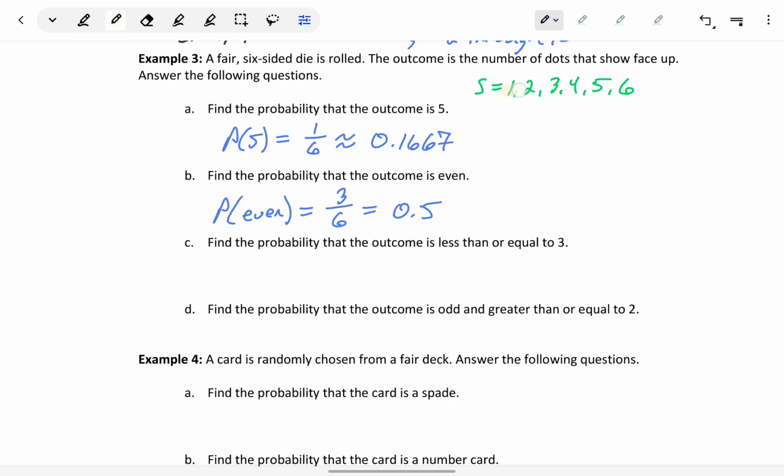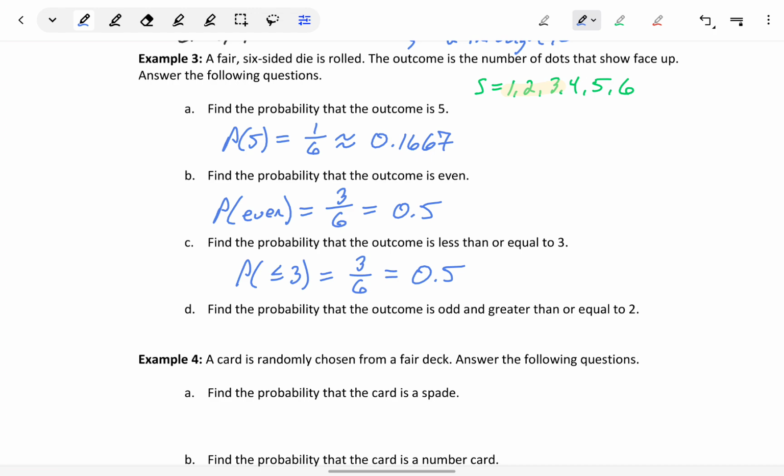So less than or equal to 3 would be the values 1, 2, and 3. So we again have 3 ways to get a success out of 6 total possibilities. So our probability is 0.5 again.